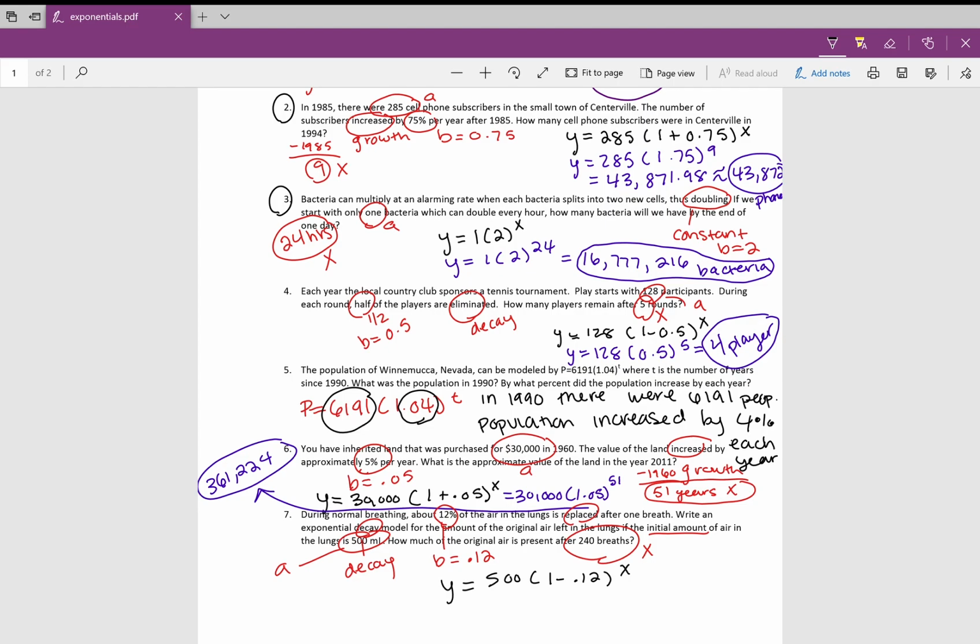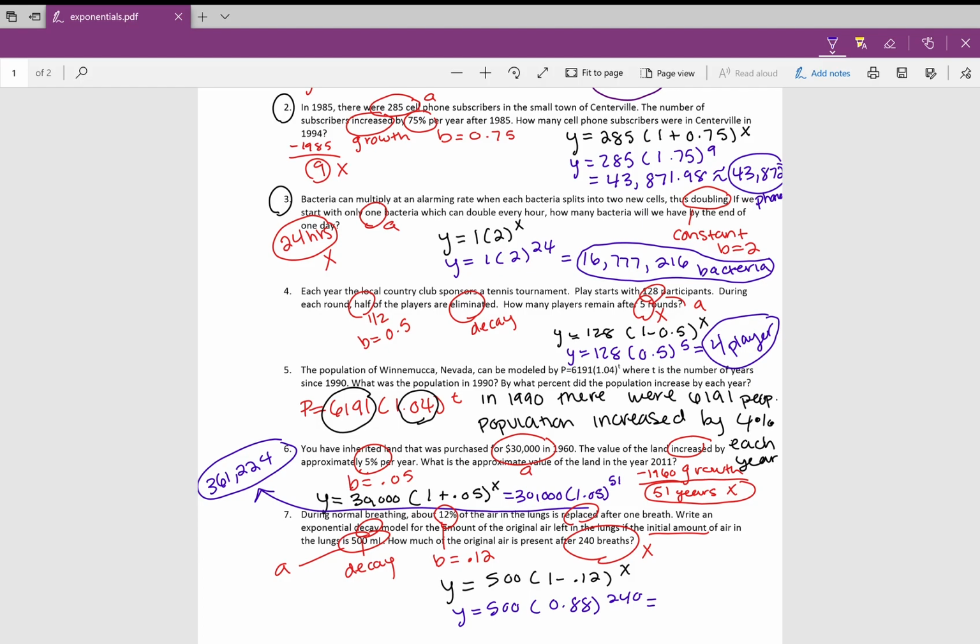Then if we plug in x, we get y is equal to 500 times 1 minus 0.12, which is 0.88, to the power of 240. So this is going to give us, give me 1 second, 0.88 to the power of 240.